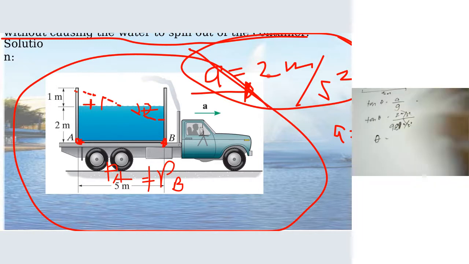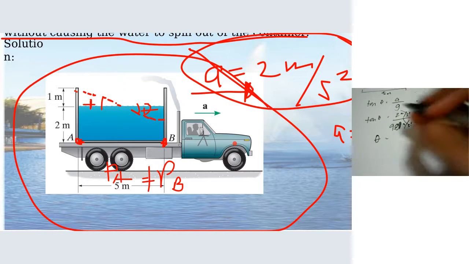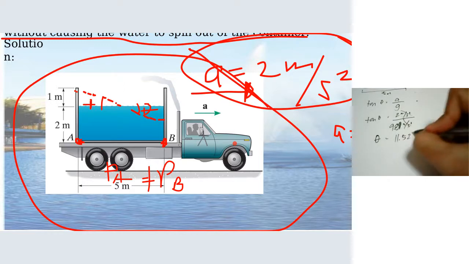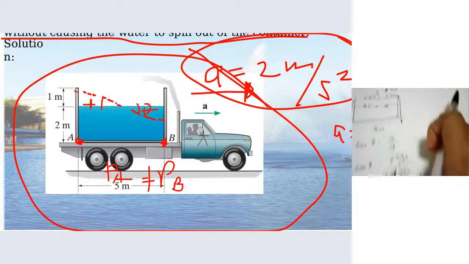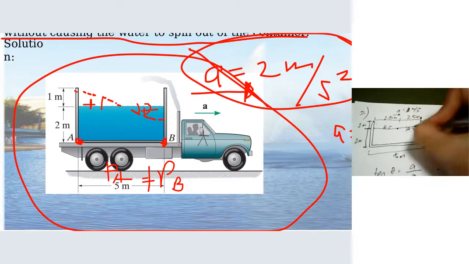So, what is theta? Okay, 11.52 degrees. So, that's the angle of inclination.